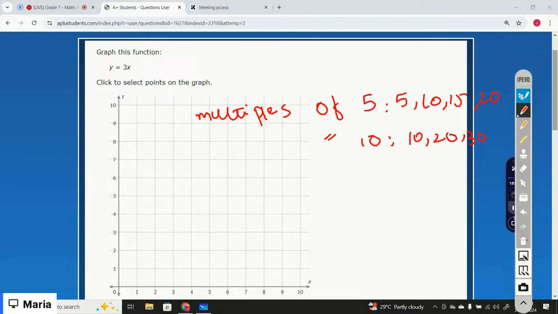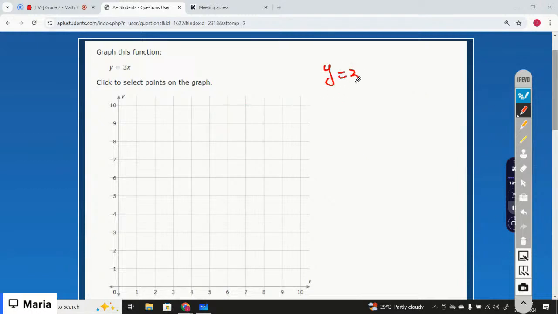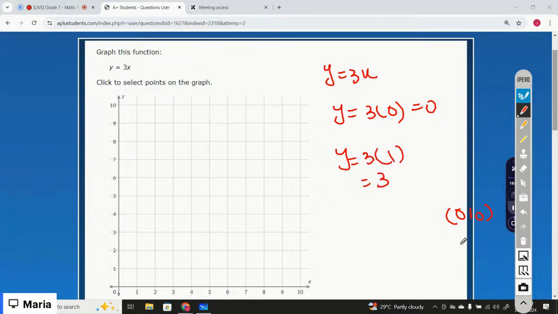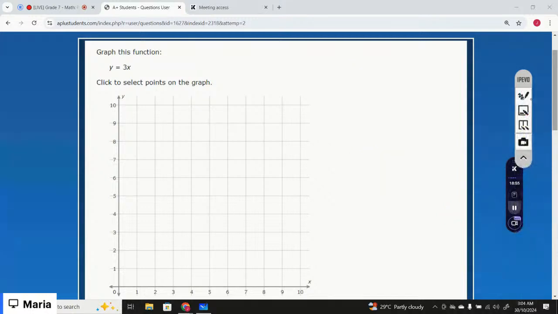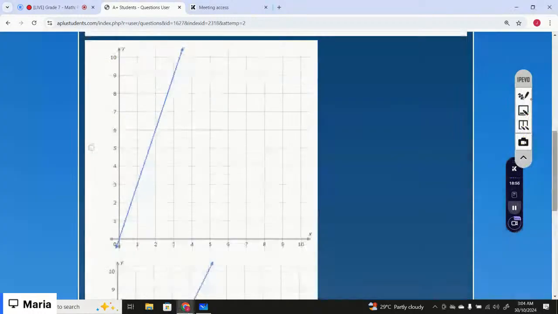I'm going to choose only 2 points. Y equals 3x, right? Let's just substitute x equals 0. Y equals 3 times 0. 3 times 0 is 0. So you have one pair that is 0, 0. The other one is x equals 1. So y equals 3. So when x is 1, y is 3. So we have 2 points. Let's just see which graph has these 2 points, right?